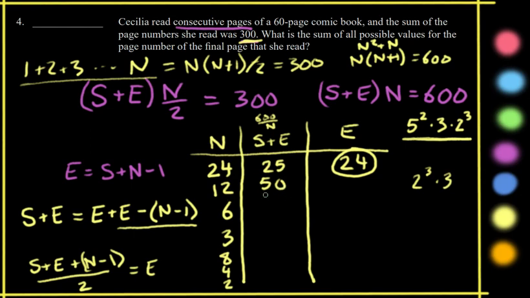And so what's going to happen here? Let's take our 50, that's s plus e, we're going to add n minus 1. So we're going to add 11, that gets us to 61, and then we divide by 2 to get the ending number. That's going to be not an integer, right? So you might notice a pattern here. When both of these numbers are even, it's not going to work out, because you're taking an even number, you're adding the other even number minus 1, that's going to give you an odd number, and then you're dividing by 2.